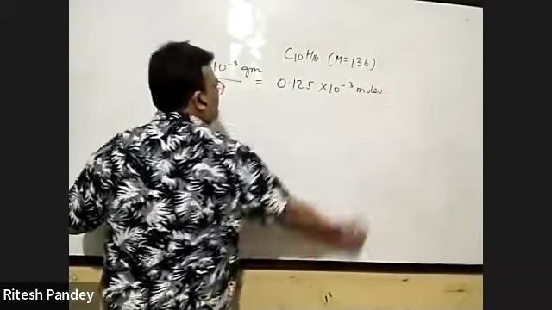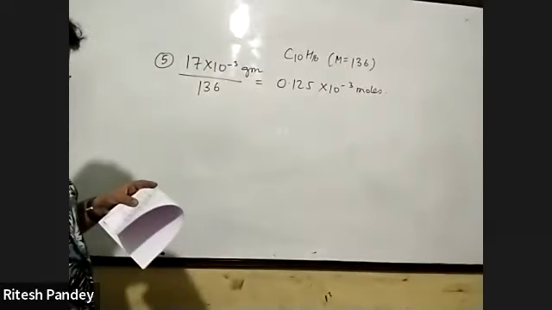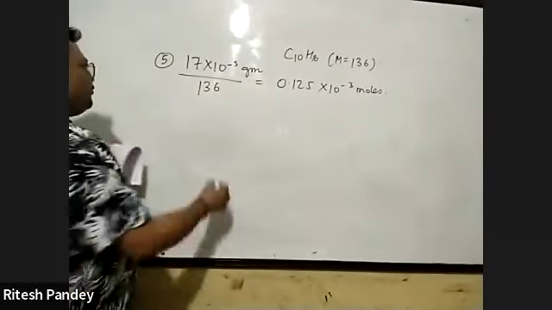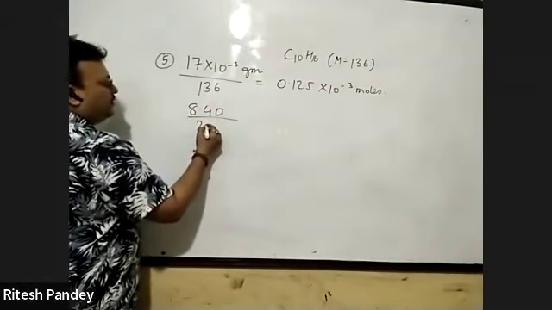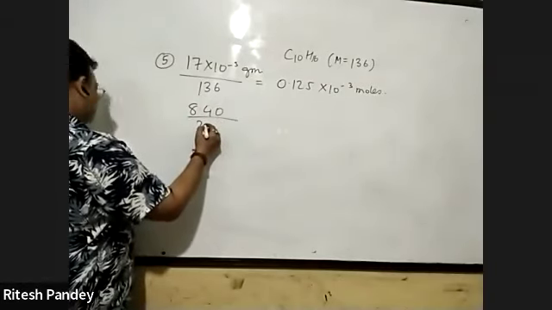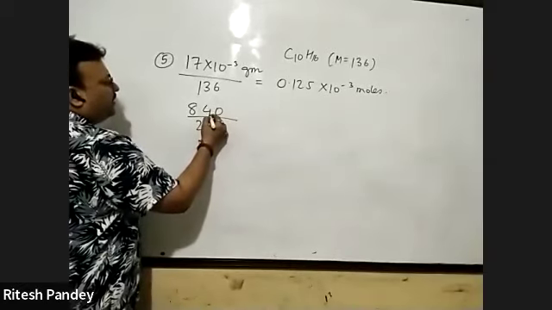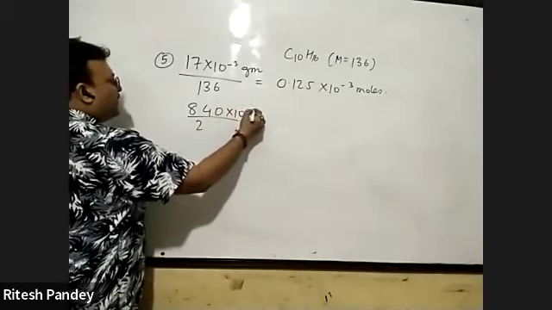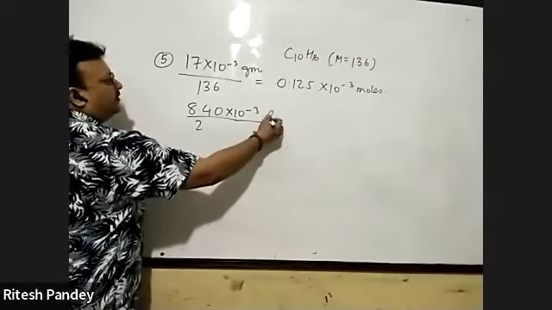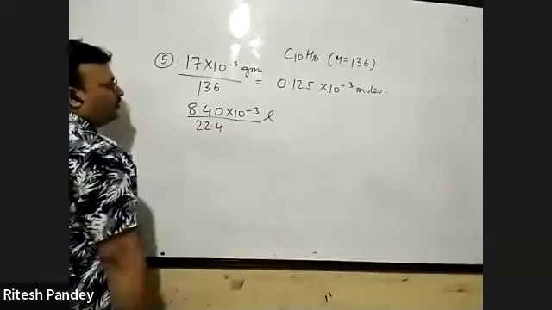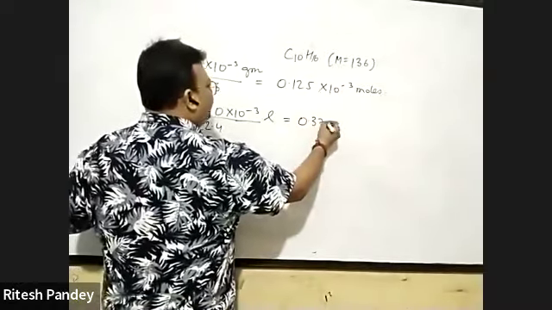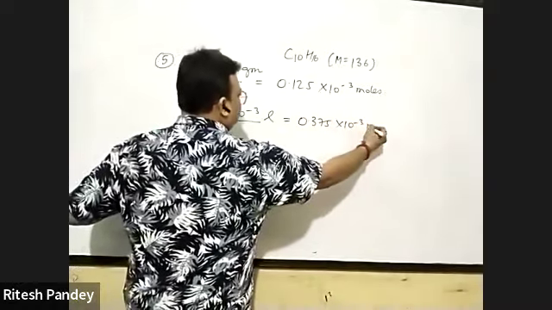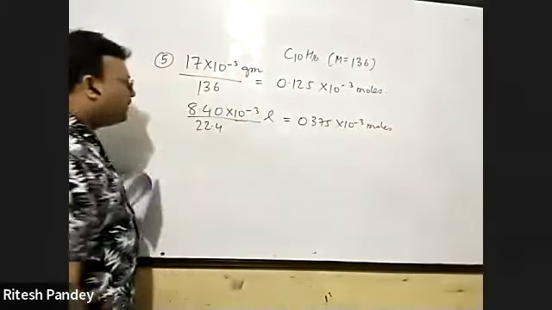These many moles. Yes or no? And if it's requiring 8.40 ml of hydrogen at NTP, 8.40 ml could be again written as 8.40 into 10 to the power minus 3 liters. And this upon 22.4 is 0.375, I reckon. Yes, sir. I hope I'm doing it all right.